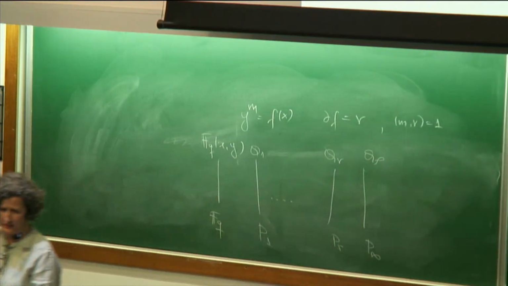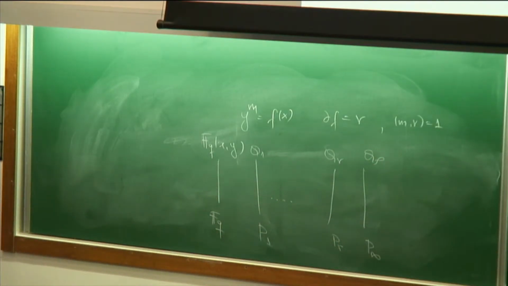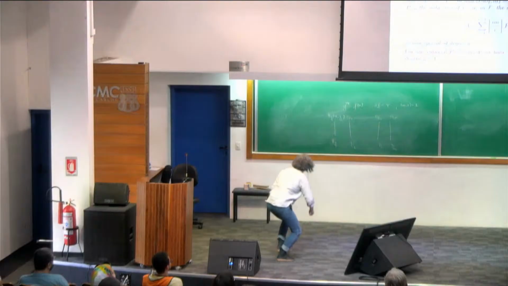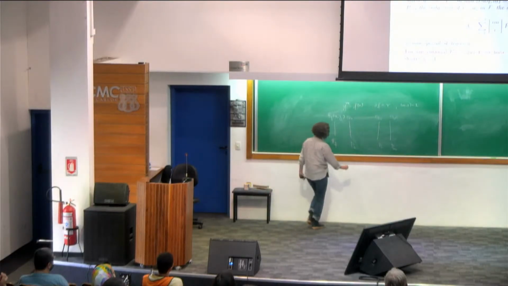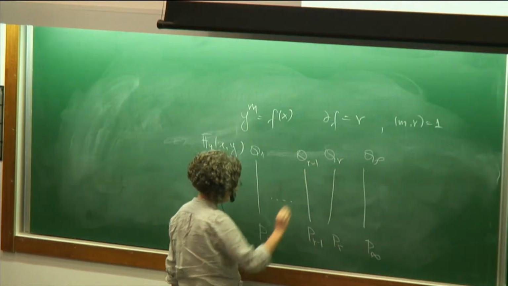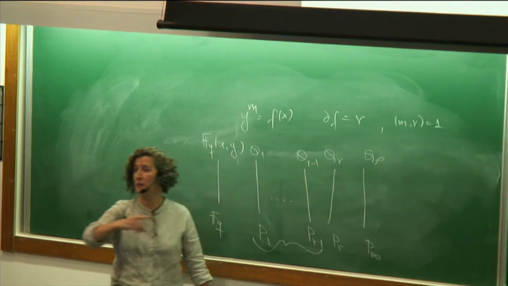So if you look at their divisor here, that is non-special of degree g, what they did is, on the support, they don't use all the points. They use r minus 1 points.